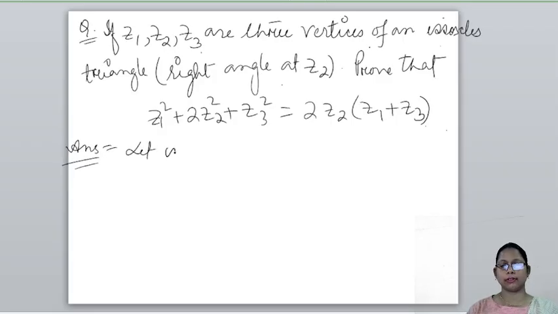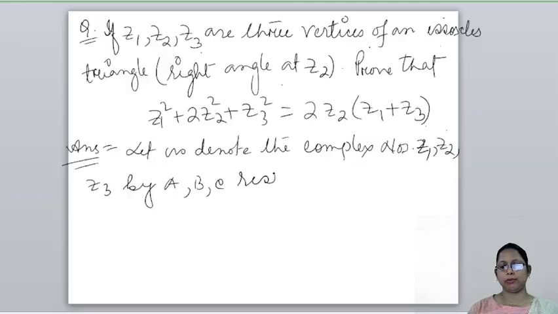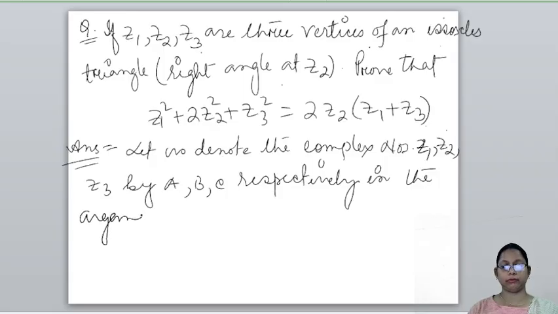Let us denote the complex numbers Z1, Z2, Z3 by A, B, C respectively in the Argand plane.